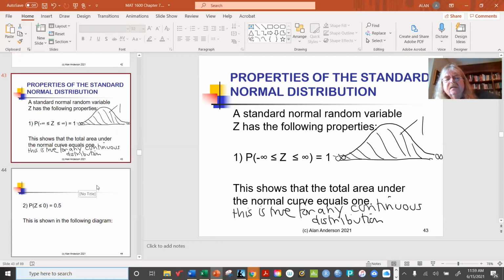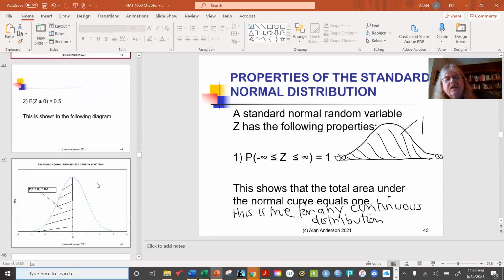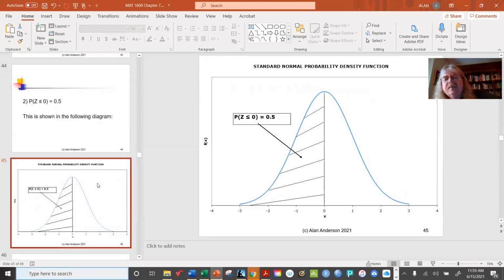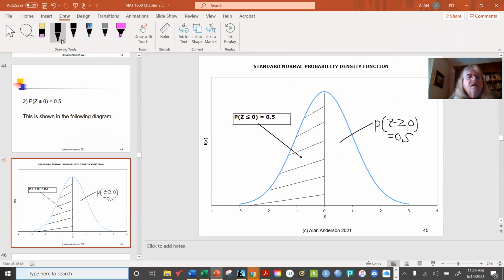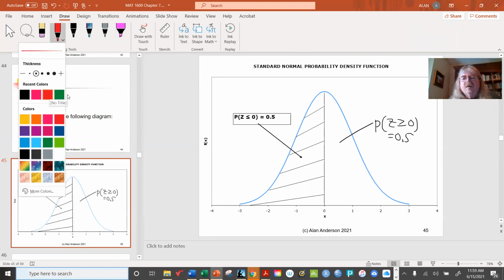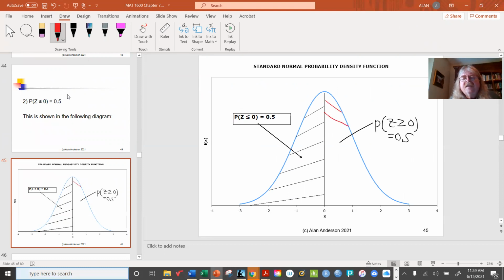Now, how about the mean? The mean is in the center, and the curve is symmetrical. So what that means then is that the probability of being below the mean and of being above the mean is equal to a half. In other words, half the area is above the mean, half the area is below the mean.